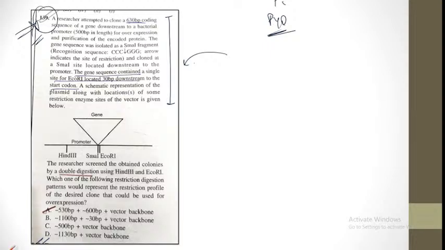Let's read the question carefully. A researcher attempted to clone a 630 base pairs coding sequence for a gene downstream to a bacterial promoter, which is 500 base pairs in length. So we have the promoter of 500 base pairs, and a gene of 630 base pairs, for the overexpression and the purification of the encoded protein.